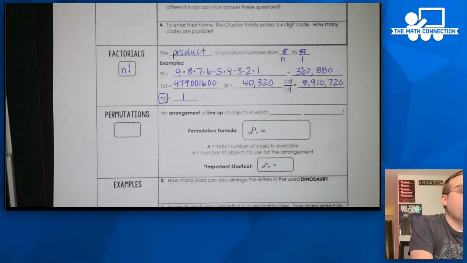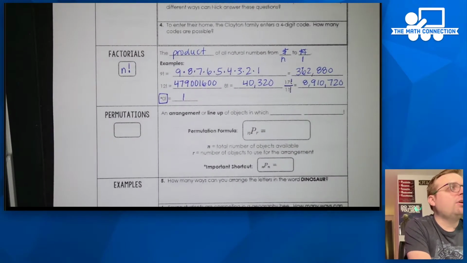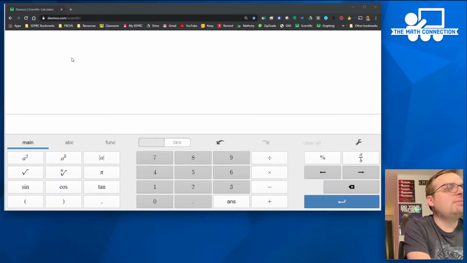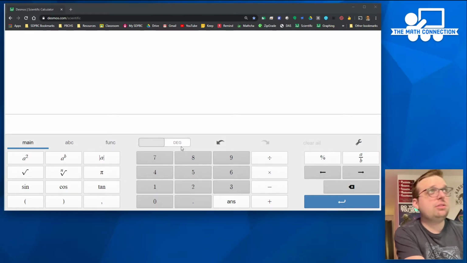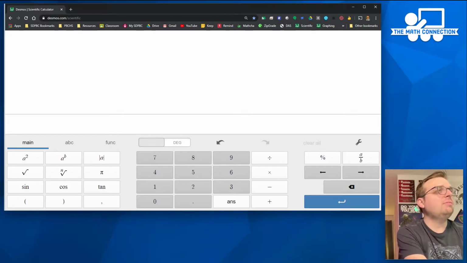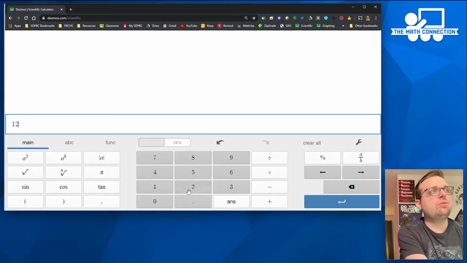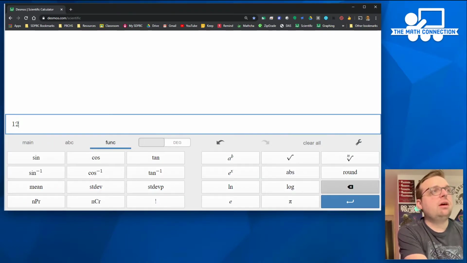All right. If you don't have a graphing calculator, that's okay because you can pull up the Desmos scientific calculator. So you should see on my screen right now, I've shared the Desmos screen with you. If you punch in the number you're trying to find the factorial for, so in this case 12, and then you go to the function tab right here, there is a factorial function key right here. You just enter that, and it already gives you the answer.